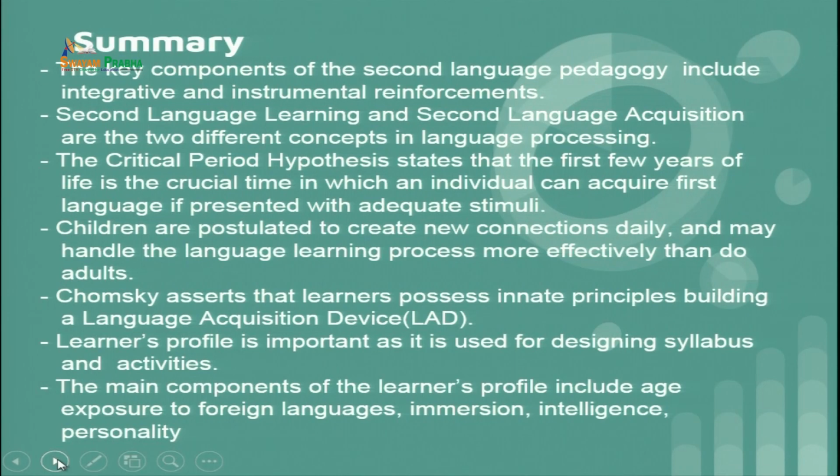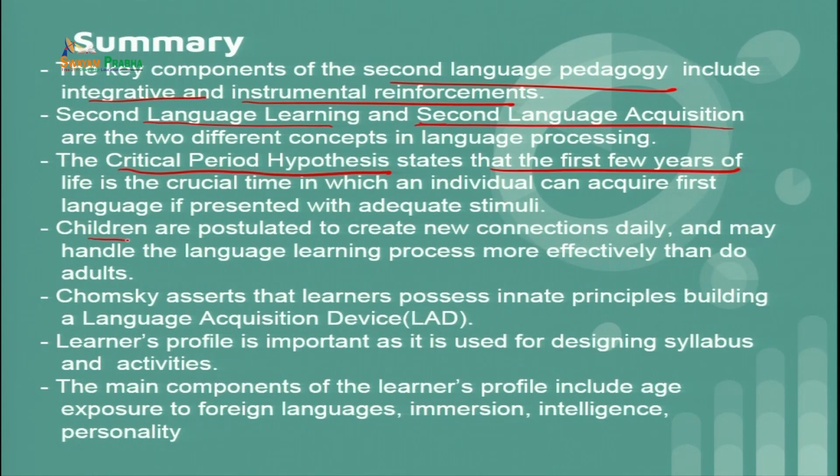After this session, in this session we discussed the key components of second language pedagogy, which include integrative and instrumental reinforcements. We talked about second language learning and second language acquisition, and the difference between these two. Then we also understood the idea of the critical period hypothesis, which states that the first few years are important for the development of language.